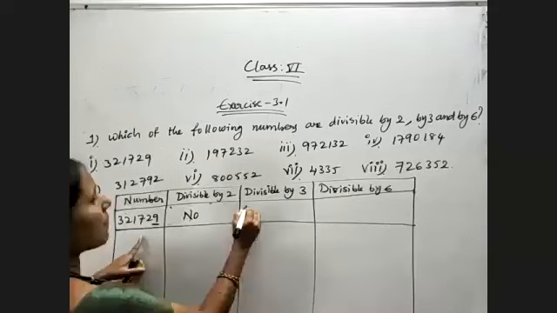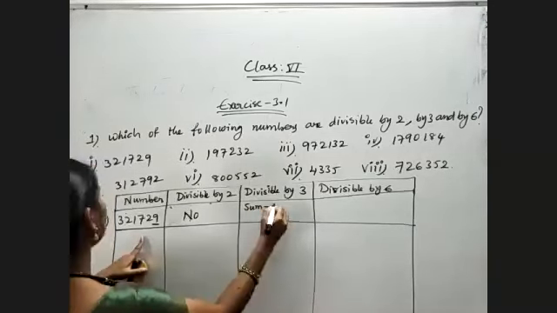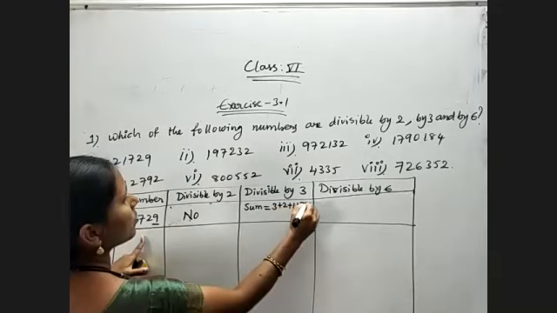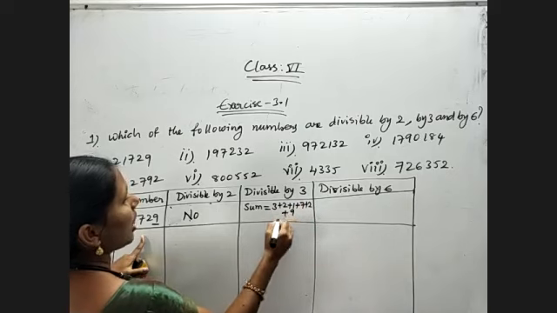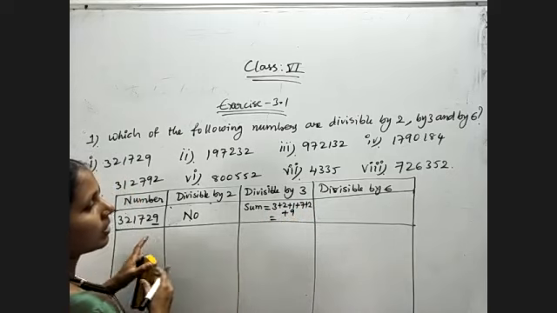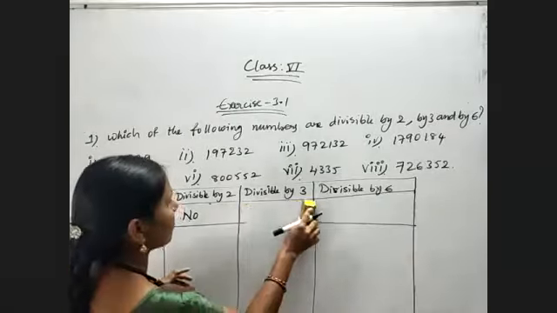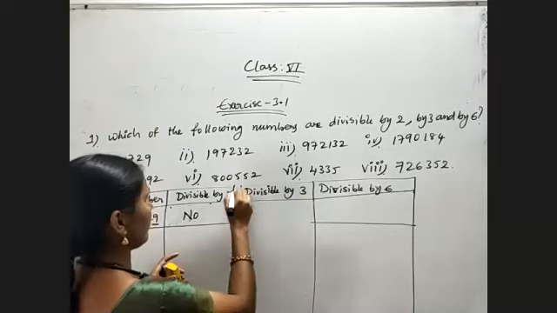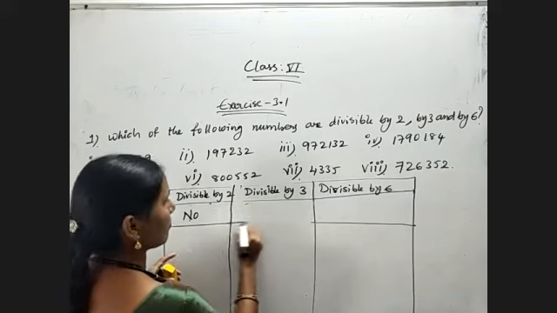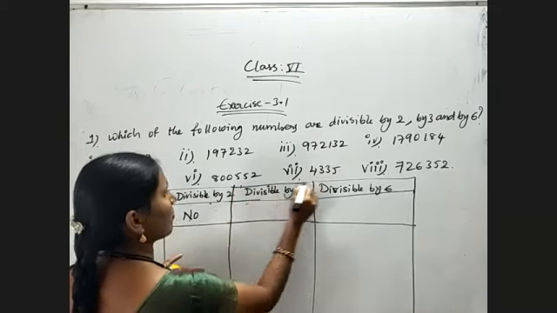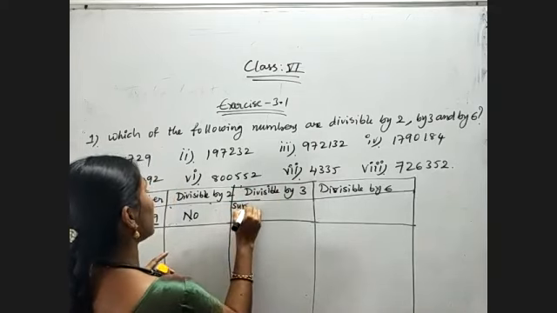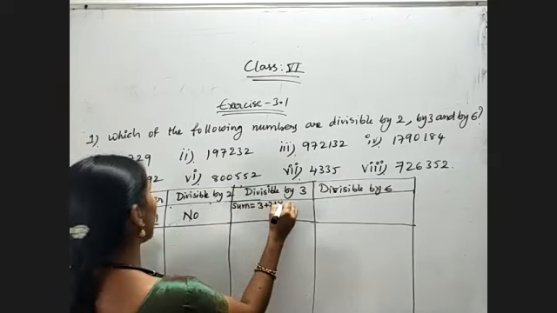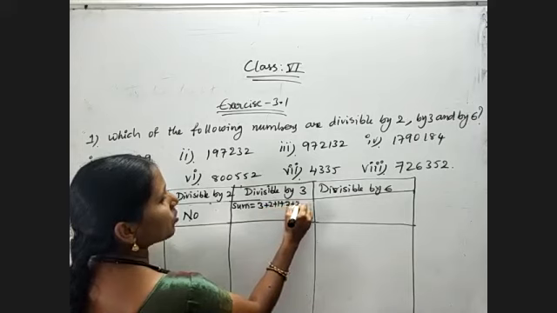Divisible by 3? Check the sum of the digits. Sum of the digits is equal to 3 plus 2 plus 1 plus 7 plus 2 plus 9.